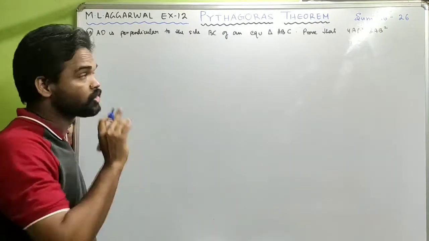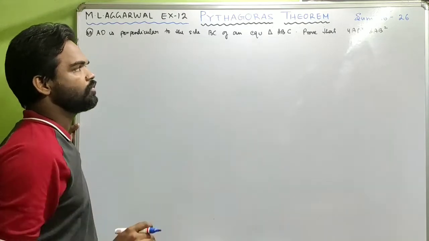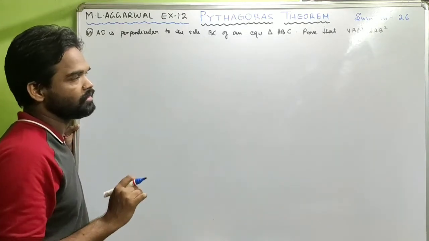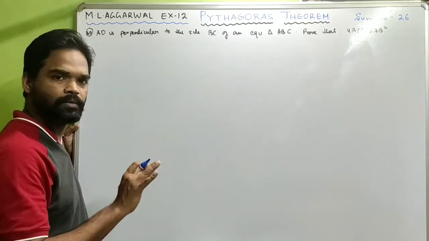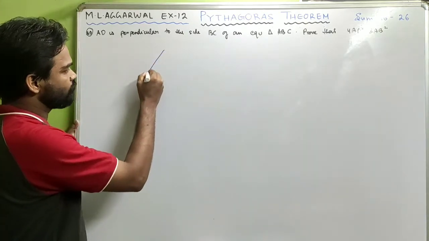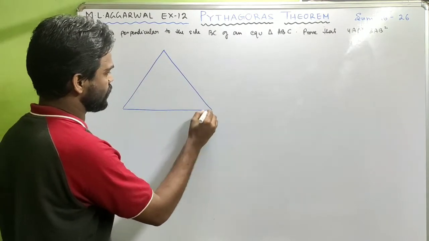Now look at sum number 20. AD is a perpendicular to the side BC of an equilateral triangle ABC. Prove that 4AD square is equal to thrice of AB square. Pretty easy. First of all, I told you diagram is very important. Draw an equilateral triangle.